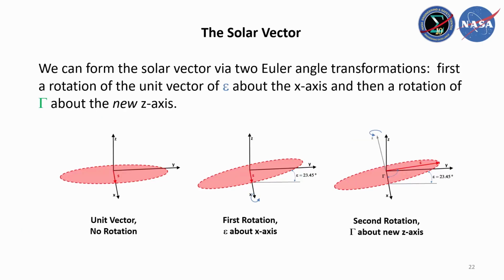Forming the solar vector is accomplished by performing two Euler angle transformations, the first by an amount epsilon about the celestial x-axis, and the second by an amount gamma about the new z-axis. These operations are performed on a unit vector initially aligned with the celestial x-axis. As we can see, the first transformation tilts the ecliptic plane to the appropriate orientation. The second transformation rotates the unit vector in the ecliptic plane by an angle that points directly to the Sun.